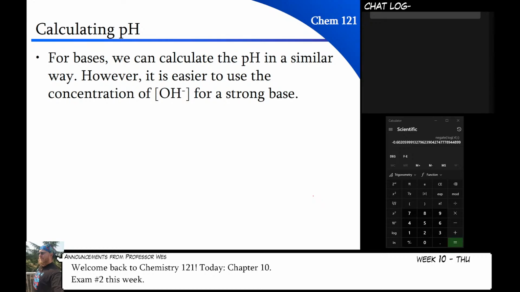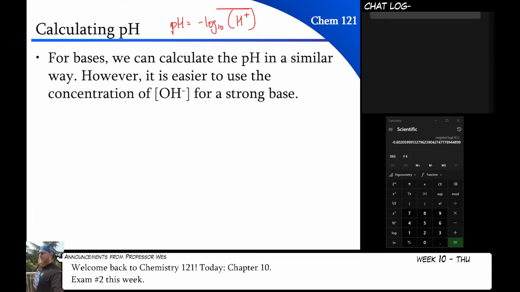Now, if you need to know the pH of something that's a base, remember the formula is still this. However, if I'm using something that contains lots of hydroxide, it would be basic. Knowing the concentration of hydroxide is sometimes more convenient.